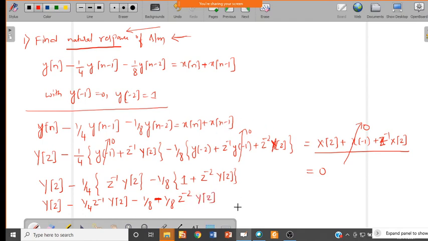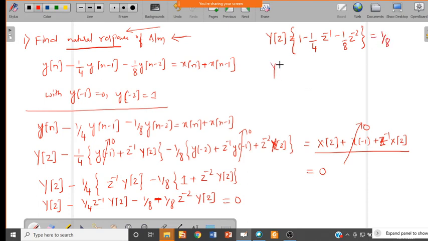Take Y of z common, and send the constant term to the other side. So you get Y of z into 1 minus 1 by 4 z power minus 1 minus 1 by 8 z power minus 2, which is equal to 1 by 8.